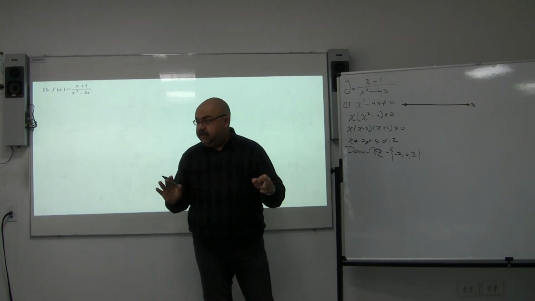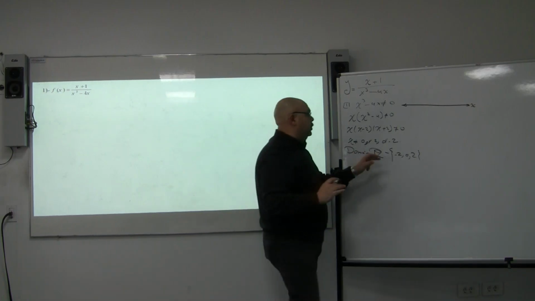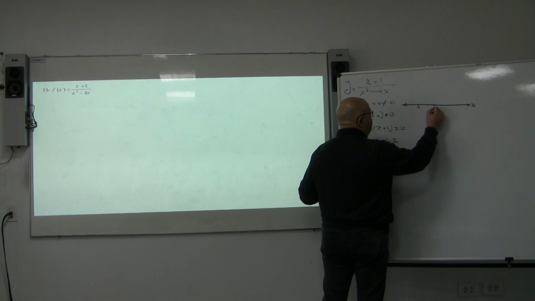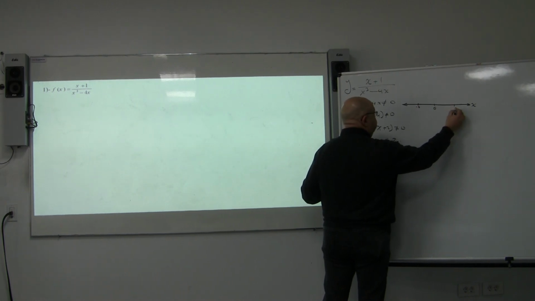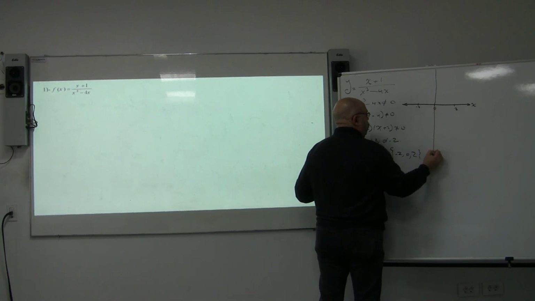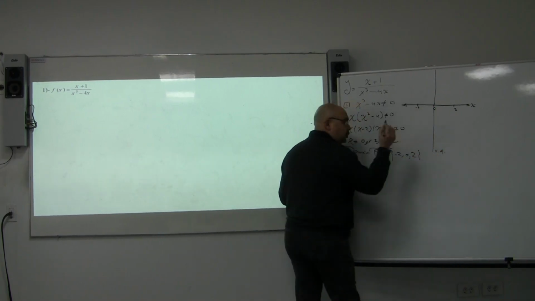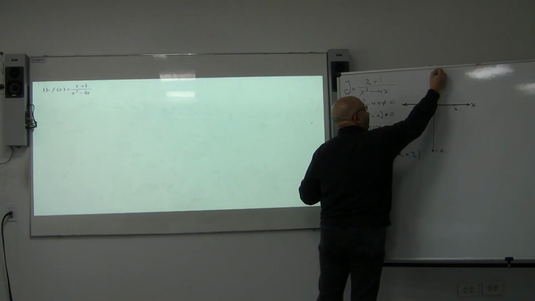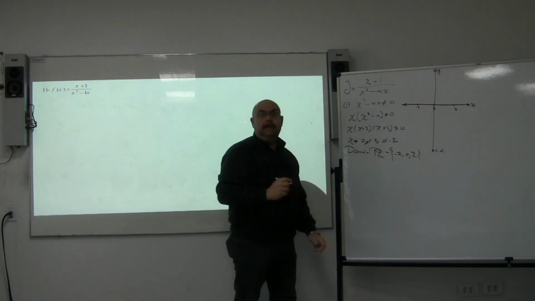You shouldn't come near these vertical asymptotes, which are at negative 2, and then at 0, and at 2. Of course, at 0, you will find one of the very famous vertical asymptotes, which is the y-axis. So this is the y-axis.